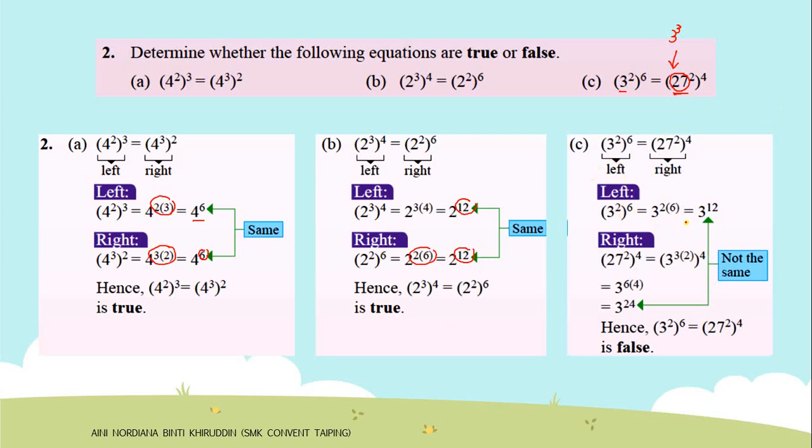For the left hand side, 2 times 6 is 12. For the right hand side, as I mentioned just now, 27 changes to 3 cubed, and then 3 times 2 times 4 is equal to 24. This is not the same as this. So hence it is false.